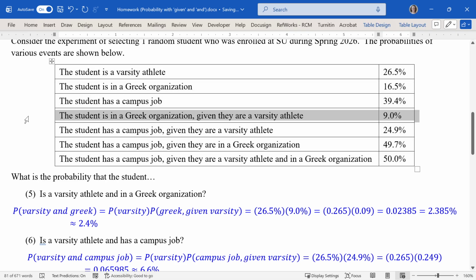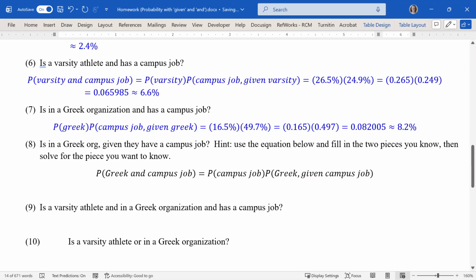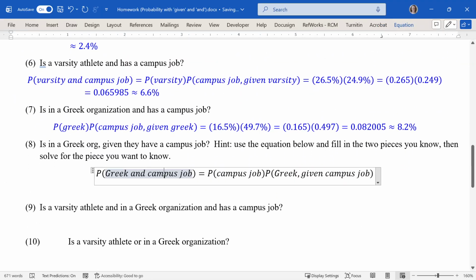We have probability they're in a Greek org given they're a varsity athlete, but we don't have given they have a campus job. But we can work this out using the logic that the probability of being in a Greek org and having a campus job is the same as probability of campus job times probability they are in a Greek org given they have a campus job.